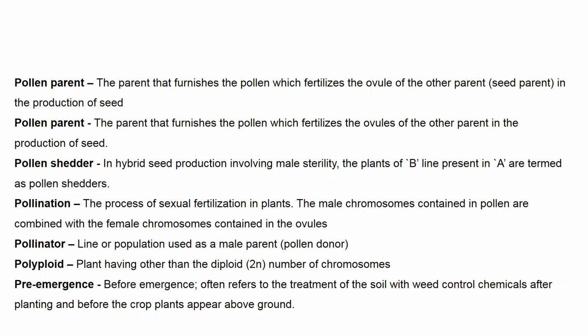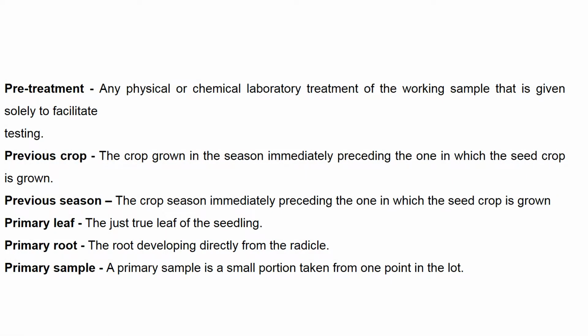Pre-emergence, that is before emergence, often refers to the treatment of soil with weed control chemicals after planting and before the crop plants appear above ground. Pre-treatment, any physical or chemical laboratory treatment of the working sample that is given solely to facilitate testing.